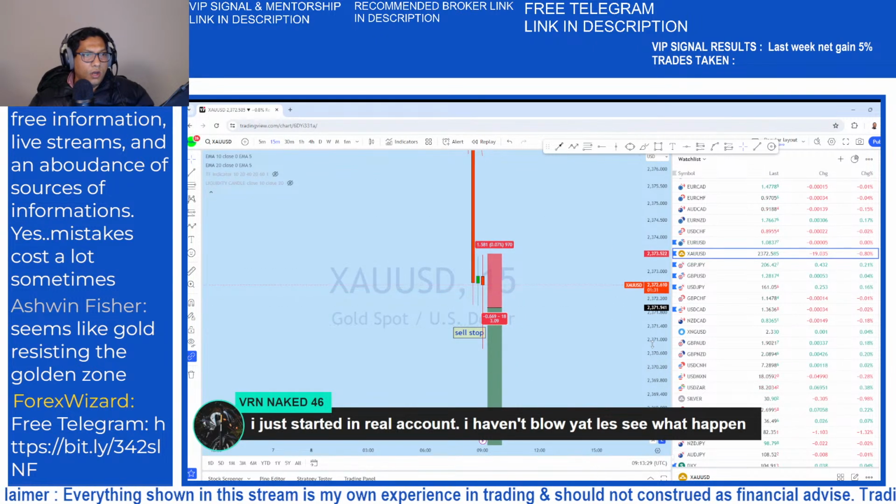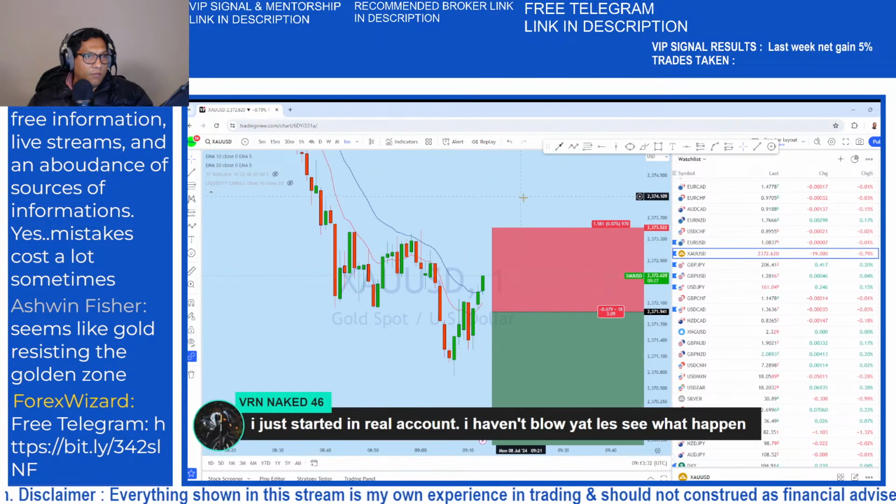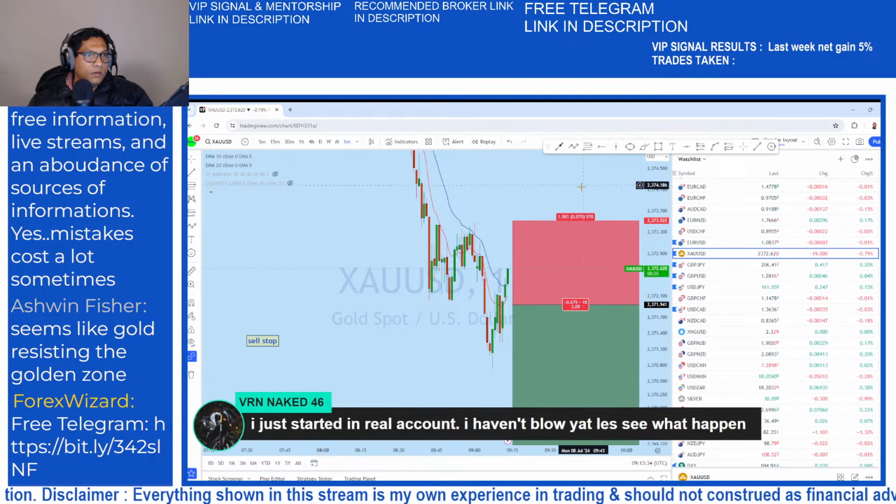If it is not breaking below, then probably it might grab more liquidity here.